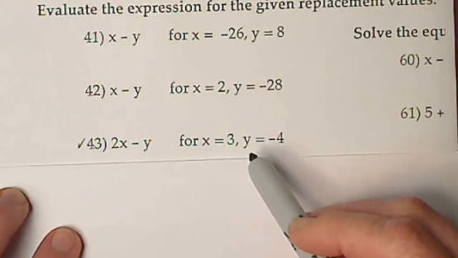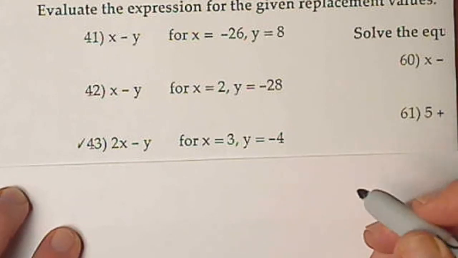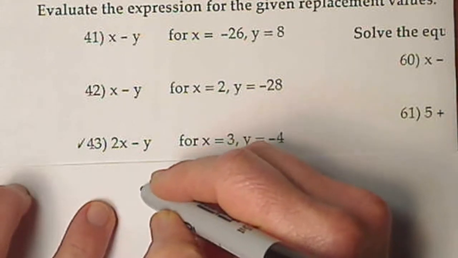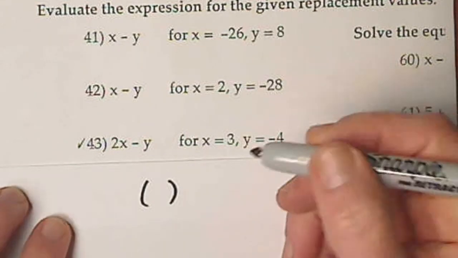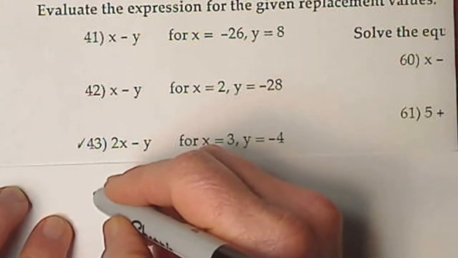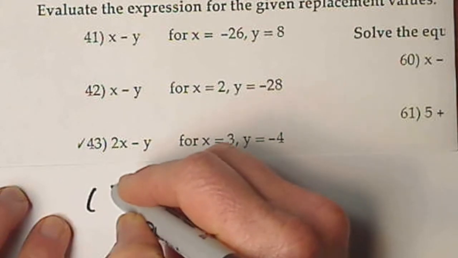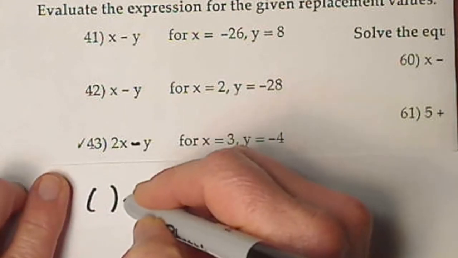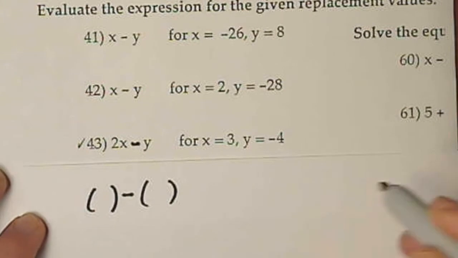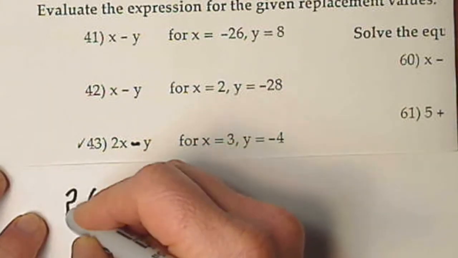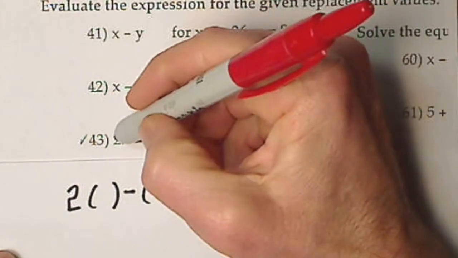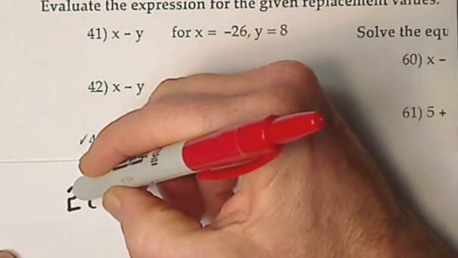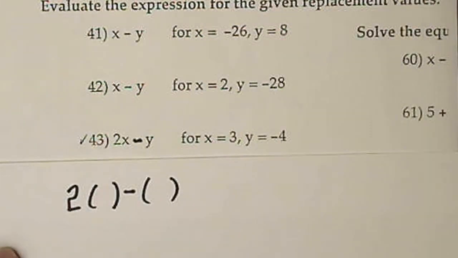But if you're plugging in a negative value, it's very important to have a set of parentheses where the variable is. So I'm going to put parentheses where each variable is. This negative sign is right there, and this 2 is sitting right there. Okay, I've preserved the meaning because this is 2 times x, and this is 2 times whatever I put inside the parentheses.